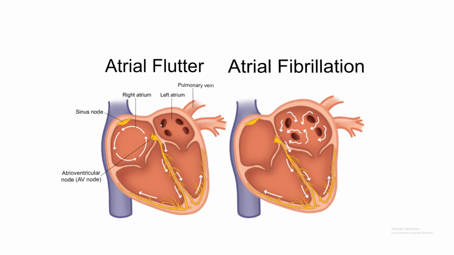But what this also causes is a rapid ventricular rate, because if you have your atria beating at 250 to 300 beats per minute, it's going to cause the ventricles to beat extremely rapidly too, at a rate where cardiac output is going to be diminished very, very significantly.